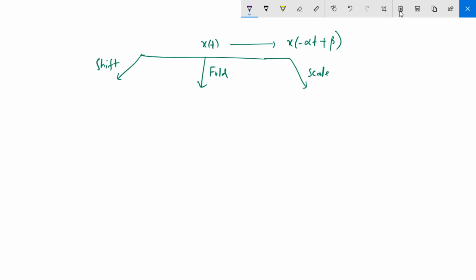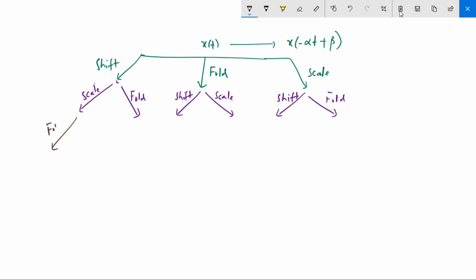Okay, after shifting, again you have now two operations left: either you can scale it or you can fold it, and after folding, either you can shift it or you can scale it, and after scaling, you can either shift it or you can fold it. Okay, and then there is a last choice: shift, scale, and then you have to fold it.